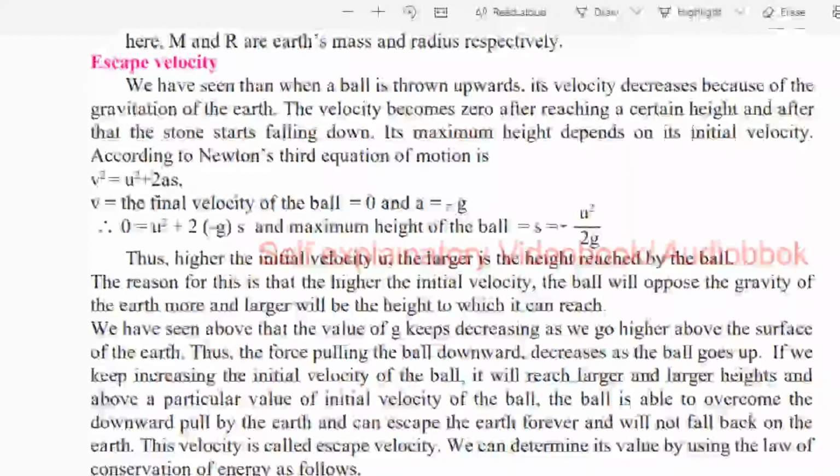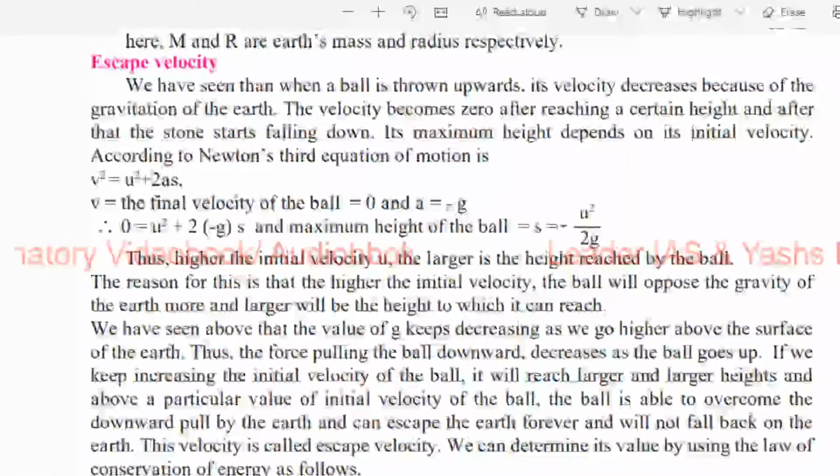Therefore, putting the values, v square is 0, equal to small u square plus 2 in bracket, a value minus g, bracket close, s. And the maximum height of the ball, small s, is equal to minus u square upon 2g.